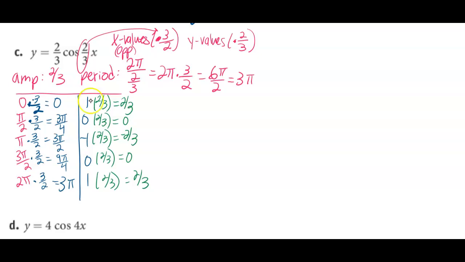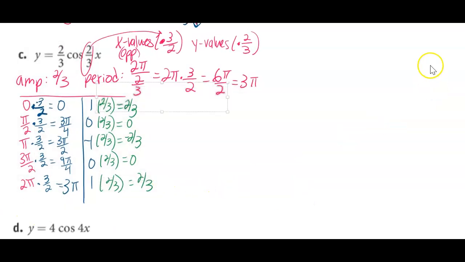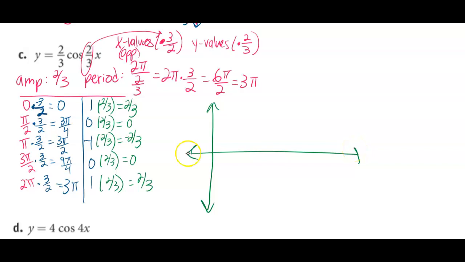So when we go to sketch that graph, what we're going to be doing, taking that amplitude for our max and min. So I got 1/3, 2/3, 3/3 is 1. So that's a nice way to make it a nice point.